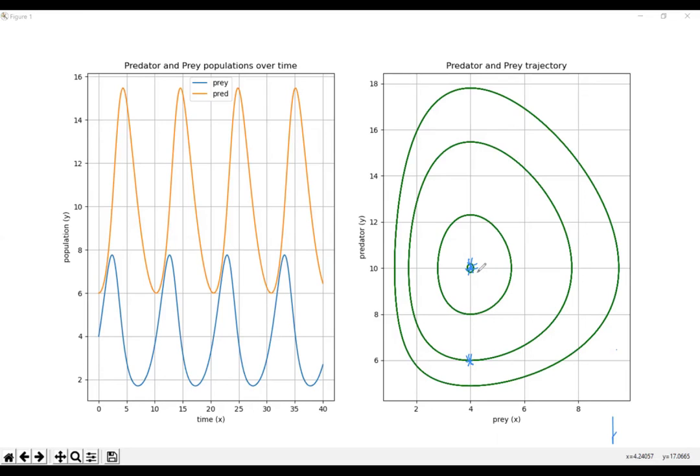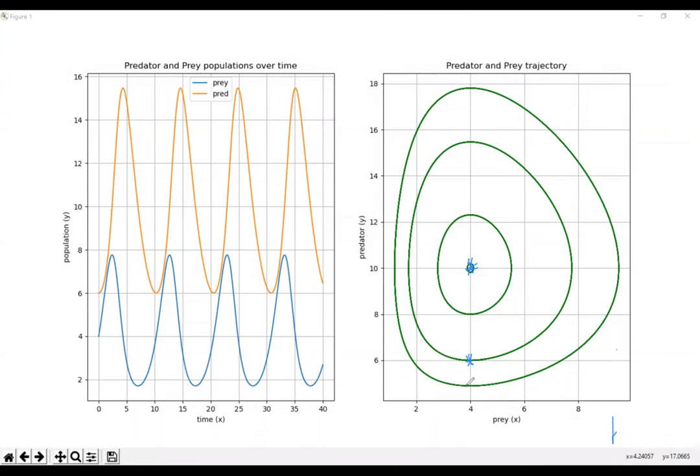It turns out if I happen to have the predator and prey population precisely at this point, then the Lotka-Volterra system is stable. There's no more variation in the predator and prey population. They remain constant over time. And if I'm very close to this equilibrium point, then the predator and prey populations will vary only a little bit over time. There will only be small fluctuations.